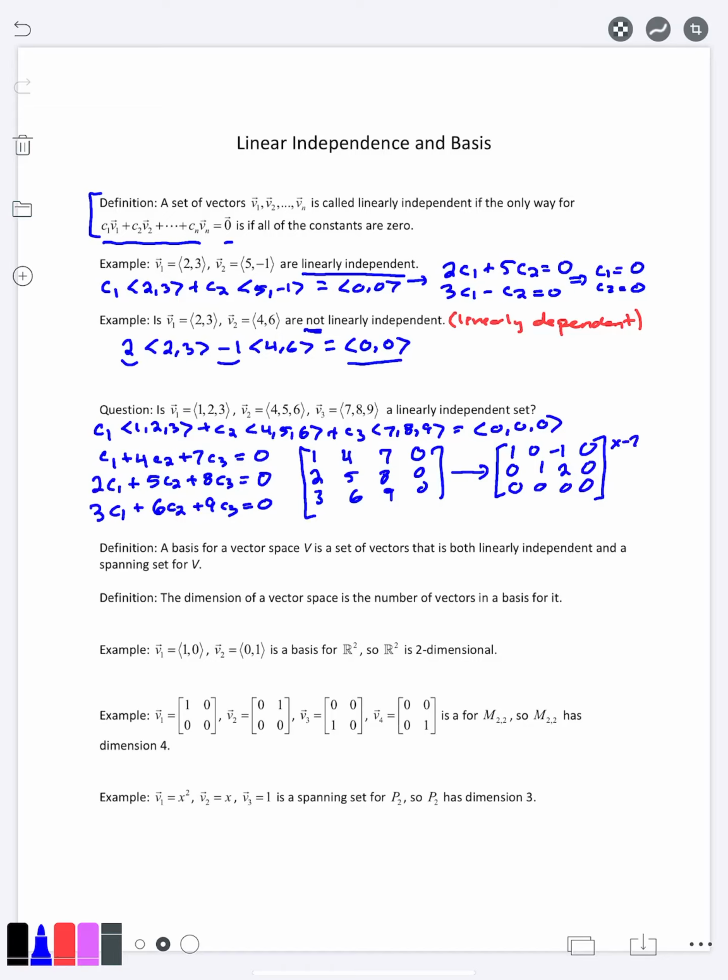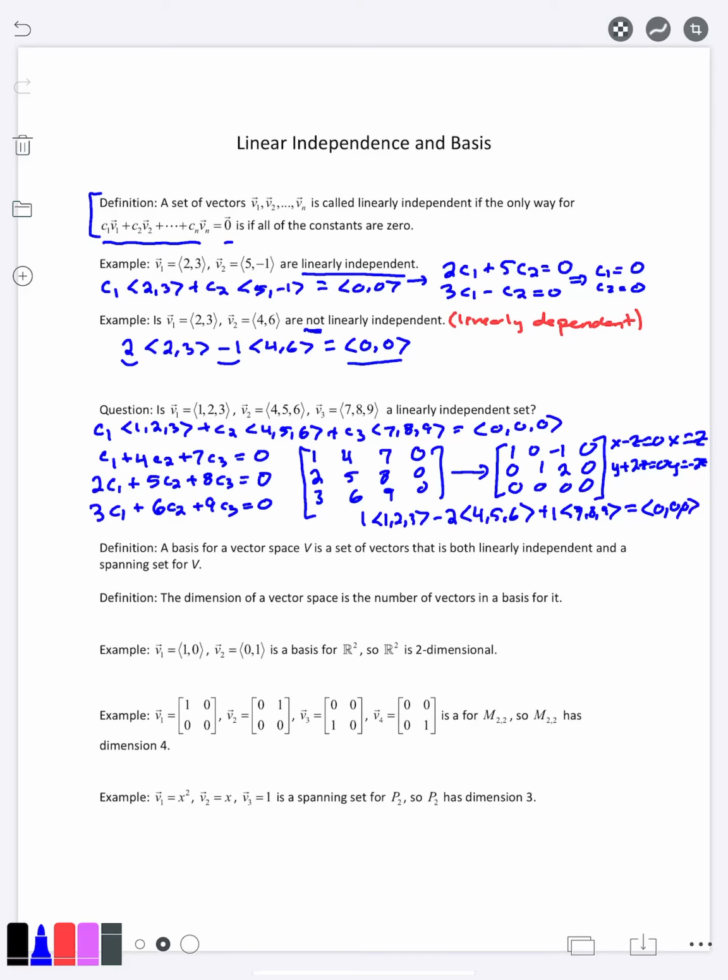If I write out x minus z is 0, that means x is z, and y plus 2z is 0, so y is negative 2z. So something like 1, negative 2, 1. So maybe 1 times 1, 2, 3, minus 2 times 4, 5, 6, plus 1 times 7, 8, 9. And this should give you 0, 0, 0.